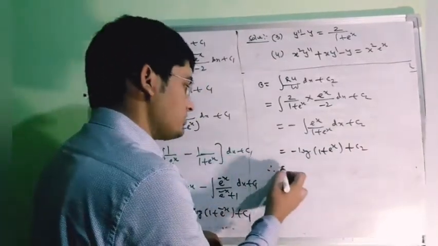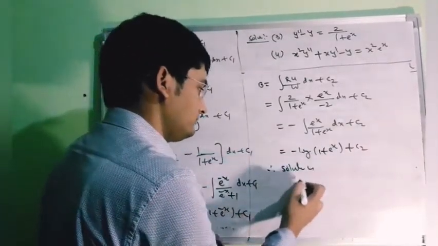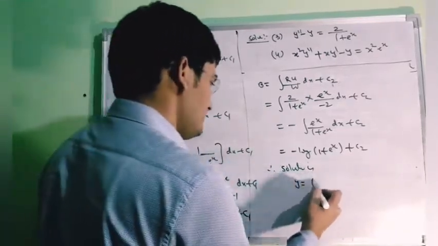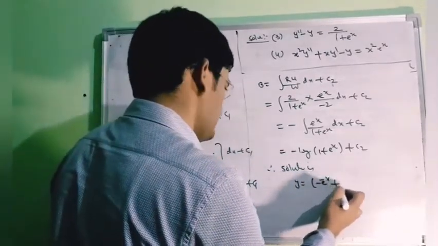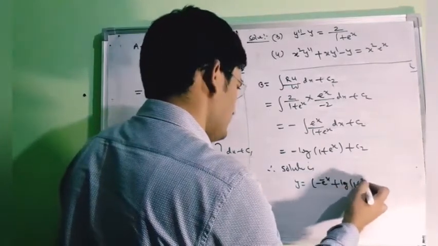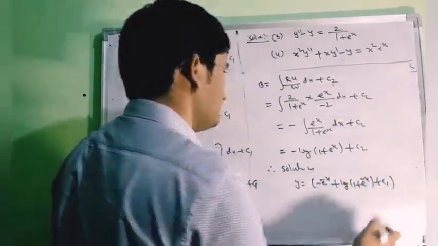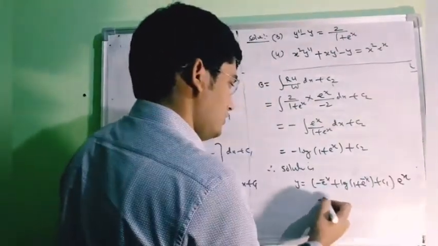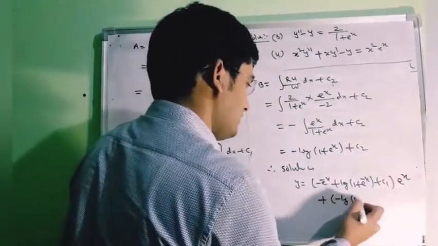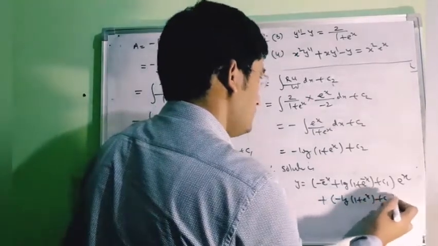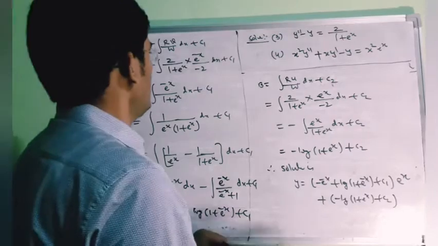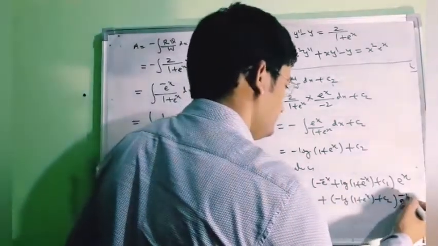So your complete solution is y equal to Au. So this means minus e to the power minus x plus log 1 plus e to the power minus x plus c1 into u. Our u was e to the power x. Then Bv: minus log 1 plus e to the power x plus c2 into v. Our v was e to the power minus x.